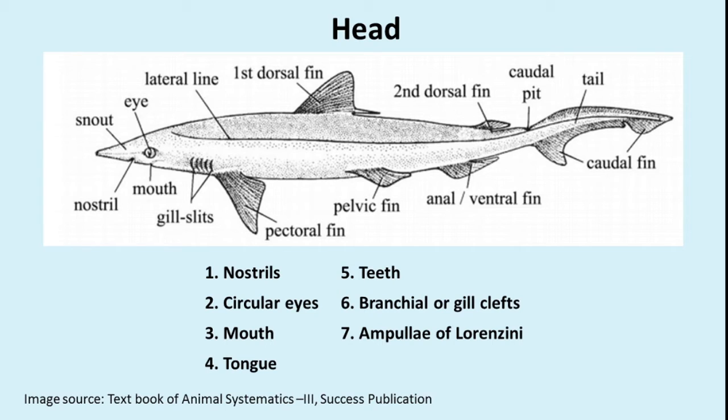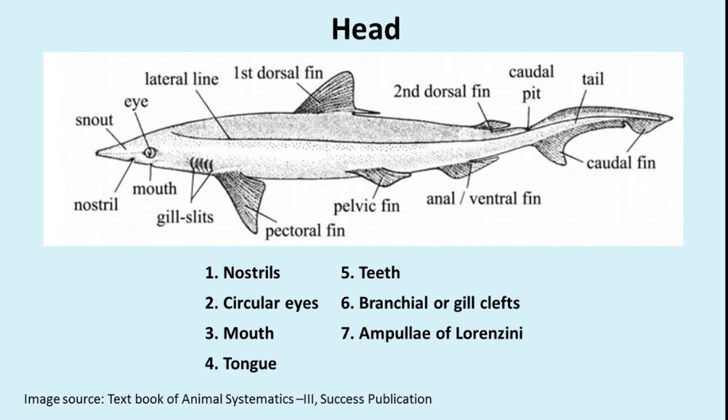Now let's talk about the eyes. Eyes are very clearly seen in this diagram. A pair of prominent circular eyes is present on the lateral side of the head. So on either lateral side you are going to have one eye. Because of this placement of the eyes, binocular vision is not possible. Like in our case, our vision is binocular.